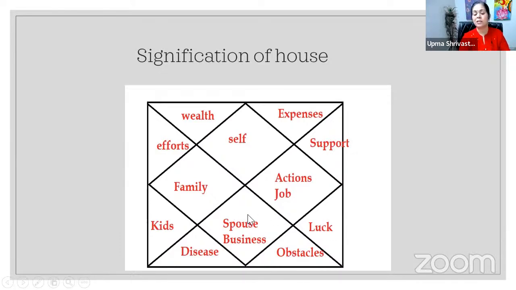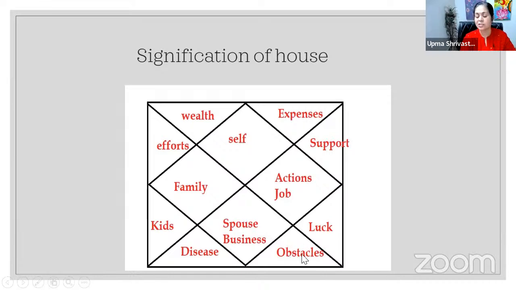This house plays an important role in our life. This house has the capacity to help and support us to become big, or it can pull us down. So that's why we give a lot of importance to the seventh house.